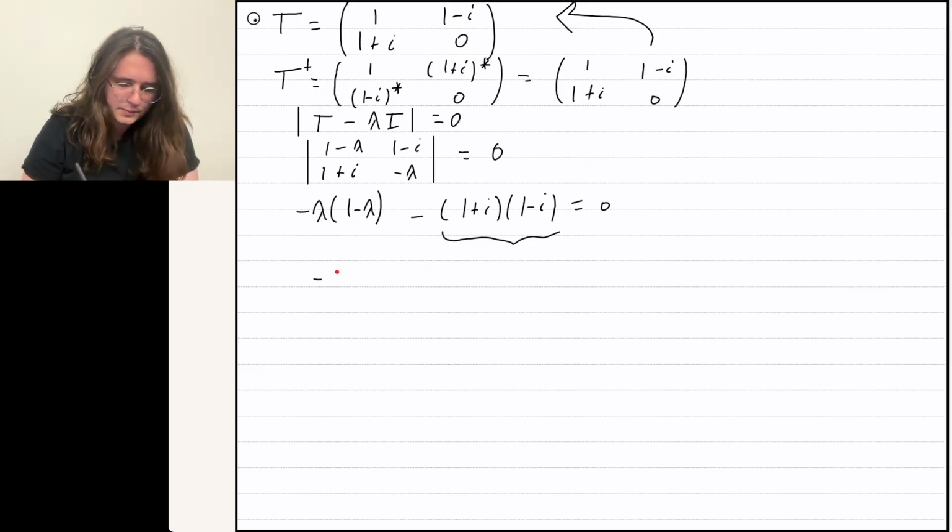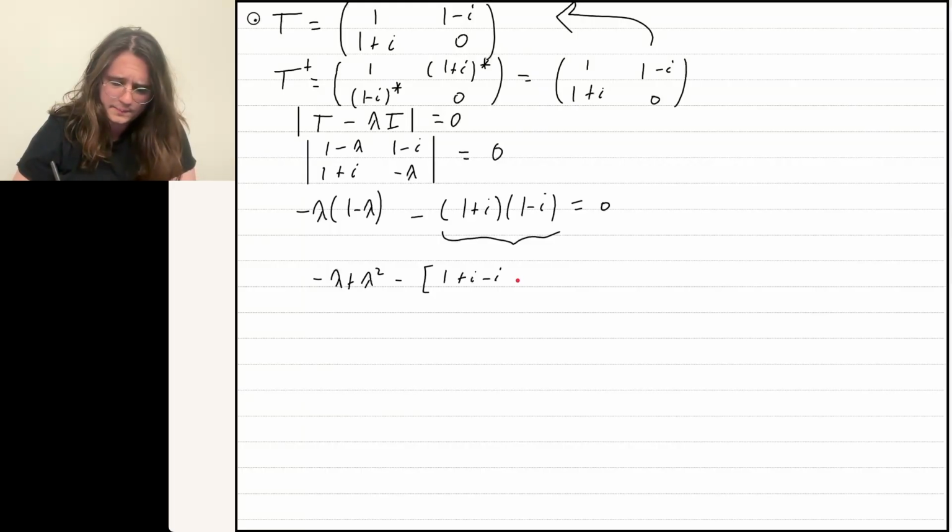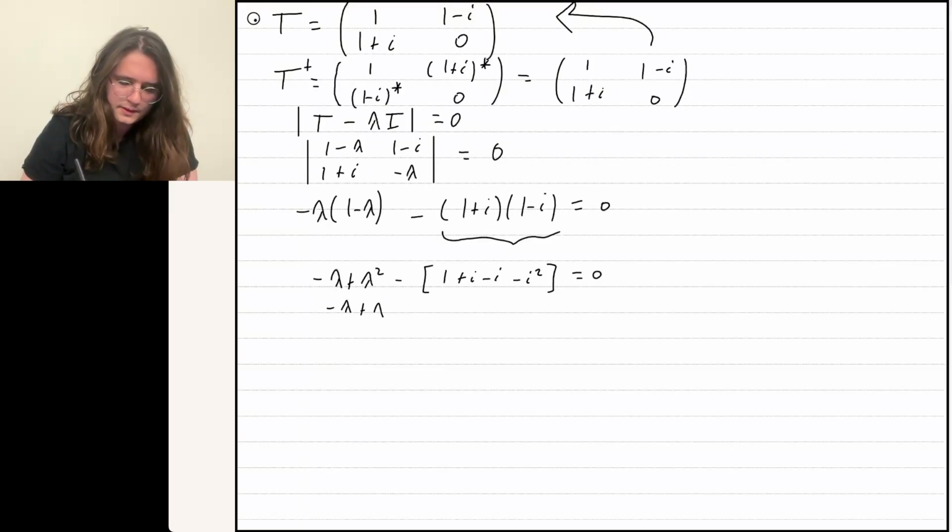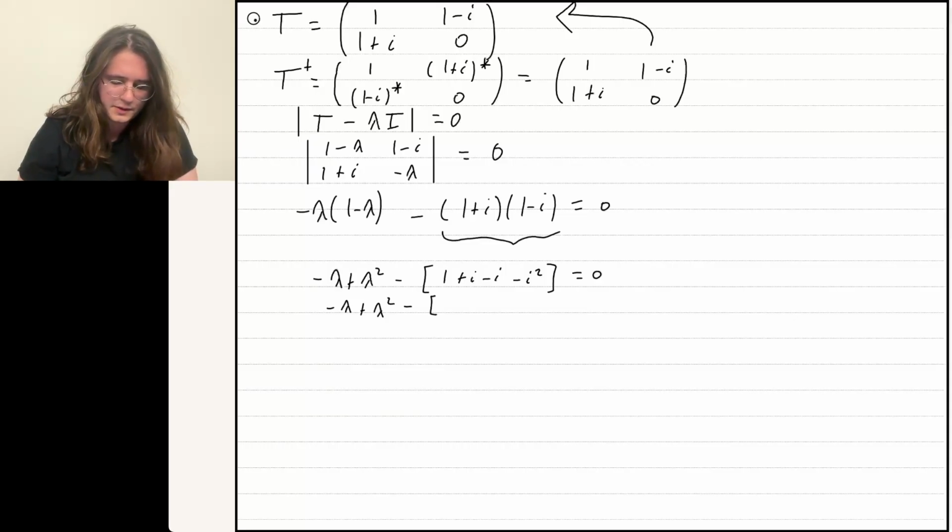Expanding the lambda term, though, we have minus lambda plus lambda squared. We got minus 1 times 1, so 1, plus i minus i, minus i squared. And so, well, the i's cancel out first of all, and then minus i squared is also 1, so we have 1 plus 1 inside the brackets.